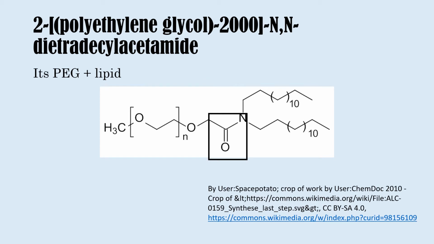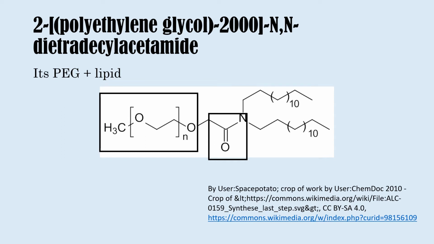And then this part is the PEG, polyethylene glycol. And the 2000 just means that it is 2000 Daltons in size. So it's referring to the molecular weight of the thing. And you use the unit of Daltons to refer to organic molecules. So that's what we have here.